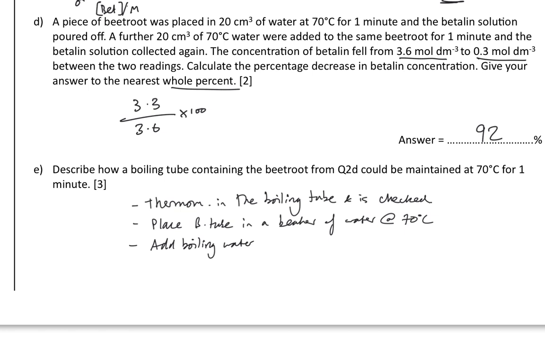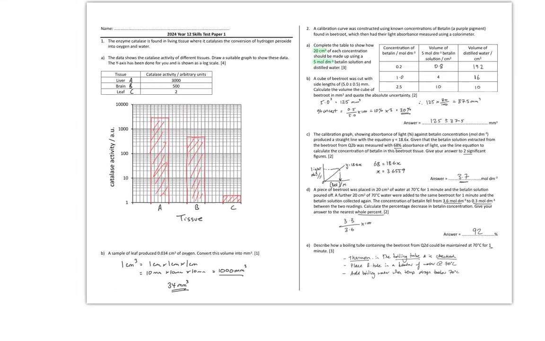Add boiling water when the temperature drops below 70 degrees C. So you can use a thermometer where it is and check it, put it in a beaker at 70 degrees C, and add boiling water when the temperature drops below 70 degrees C. It's only for 1 minute, so it's not going to be too onerous, is it?